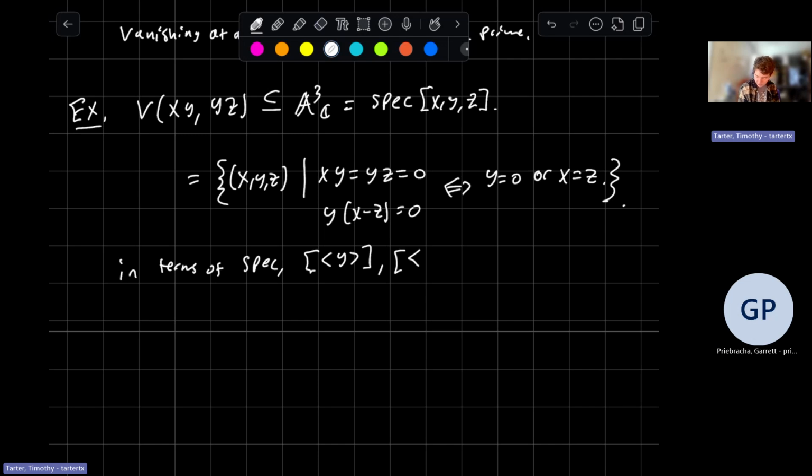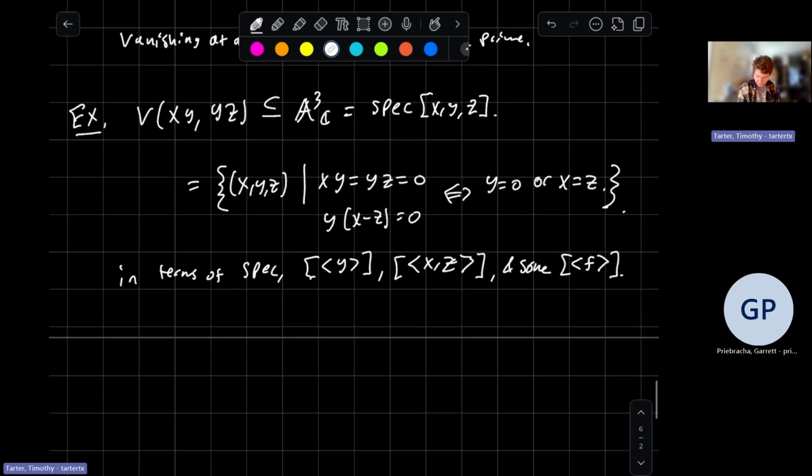But then we also have the generic point of the y-axis, and some polynomials, some curves in the xz plane.